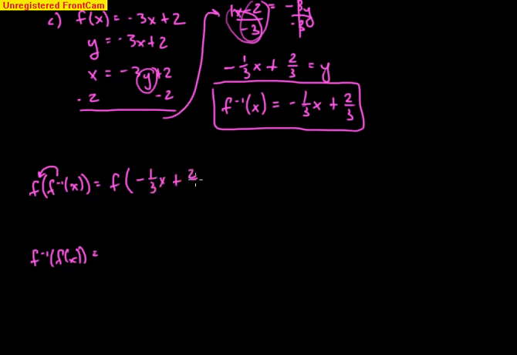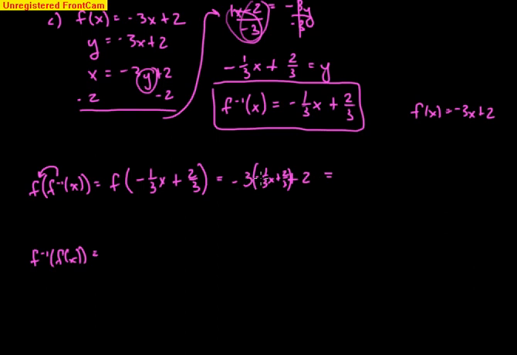So I replace f inverse with what it was, and I plug it into my function f. Remember, f was negative 3x plus 2. So I'm going to write negative 3, I'm going to leave out the x, plus 2. And where the x goes, I'm going to put negative 1/3 x plus 2/3. Kind of squeeze it in there.